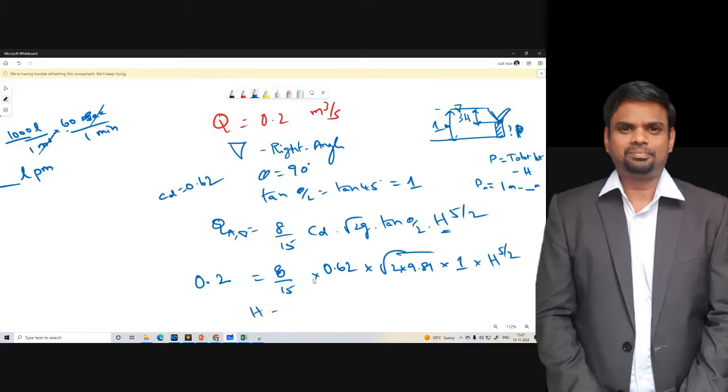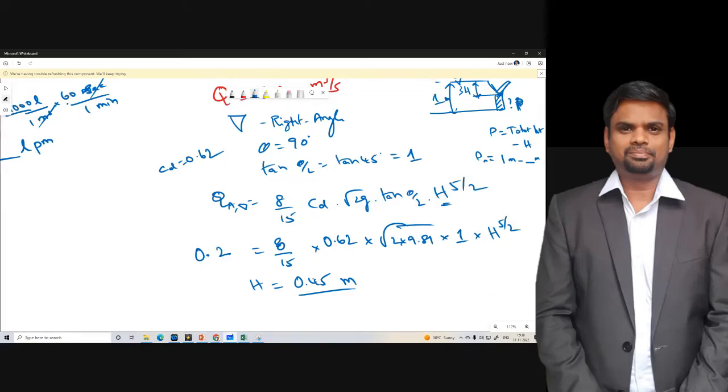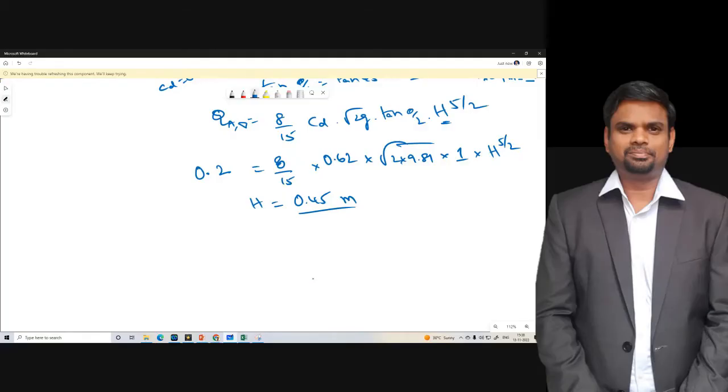Simplifying, we get h equal to this much meters. Please do the calculation. We get h equal to 0.45 meters. So what is the height of the apex? The height of the apex is 1 minus 0.45, which is 0.55 meters.